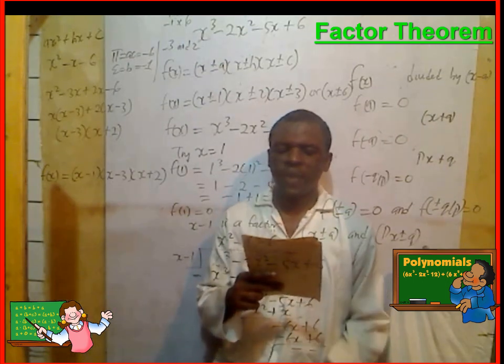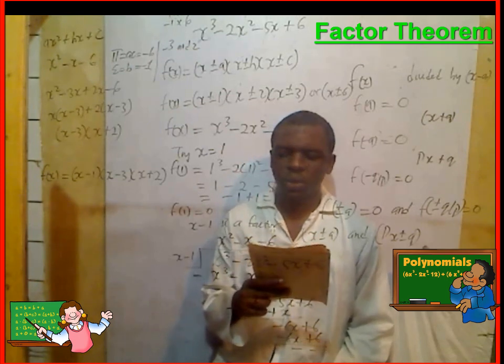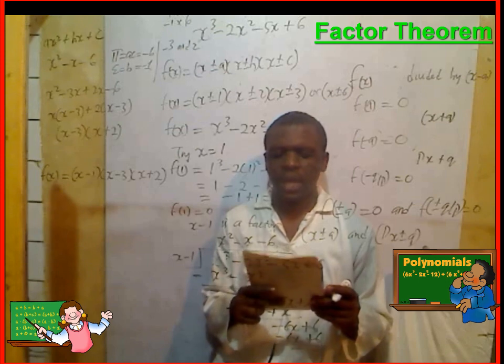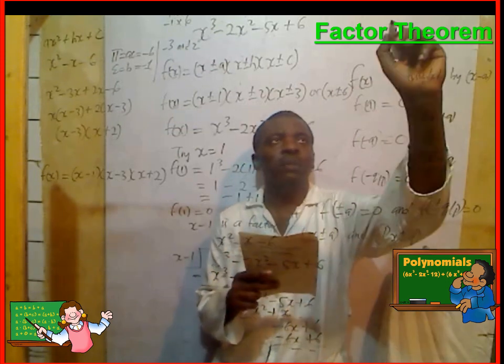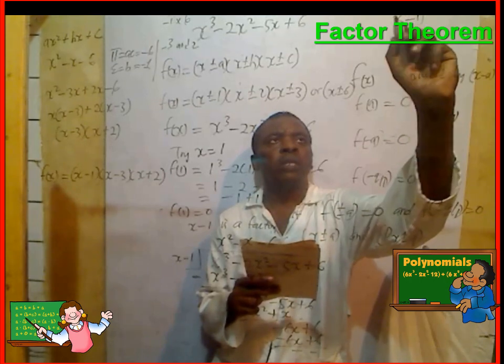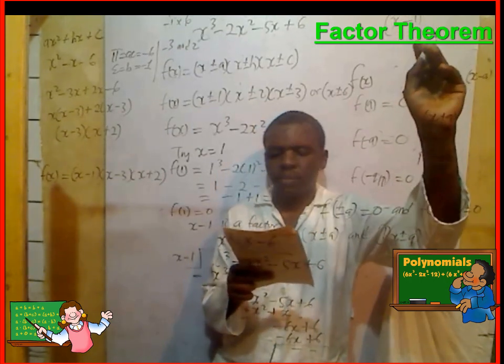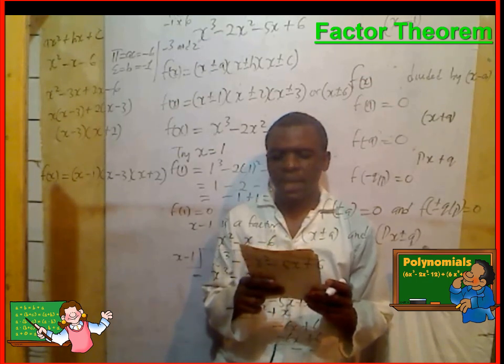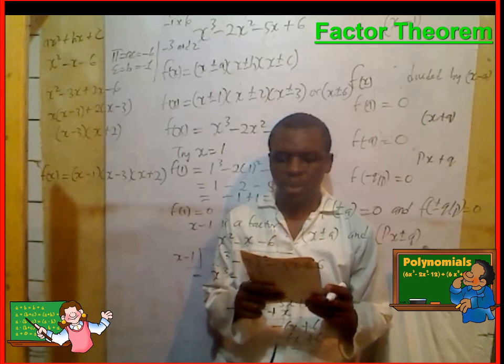The trial-factor method is of limited use if the polynomial contains repeated factors such as x minus 1 all squared, or if there are fewer than the expected number of factors, as much time will be wasted using the method.